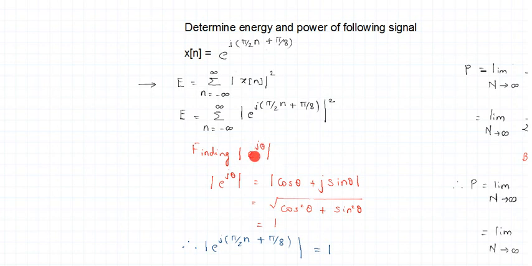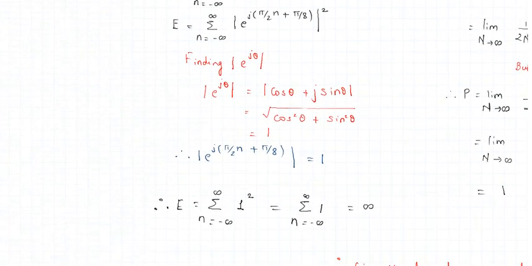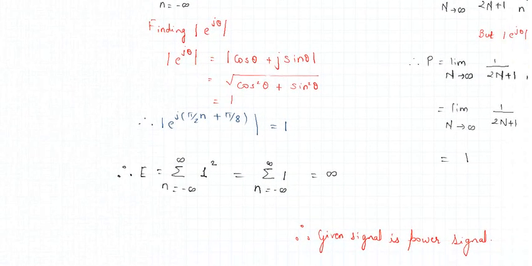We know that e raised to j theta can be expressed as cos theta plus j sin theta, and we are intended to find the mod of this. So we are finding the mod of cos theta plus j sin theta. The mod of a complex number is nothing but the root of the square of the real part and the imaginary part.